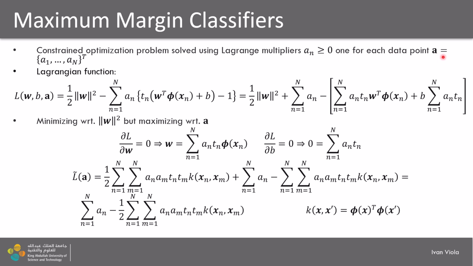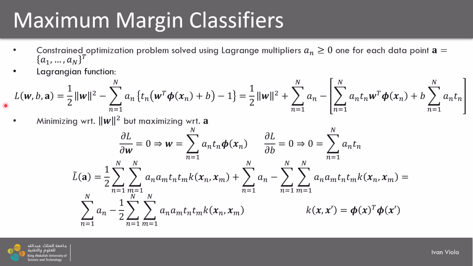So we will have a vector a, and we would be maximizing this vector a, for which we will then also be maximizing the distance, as we will see.